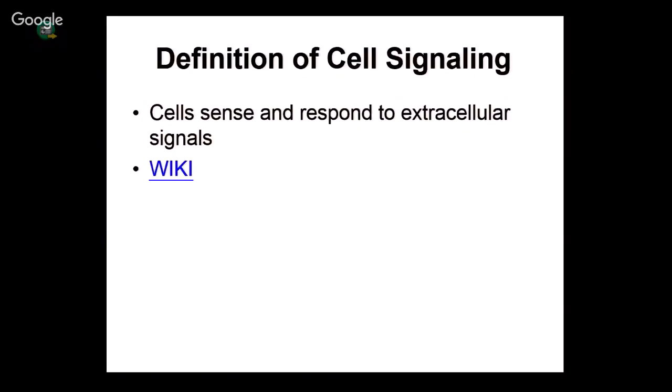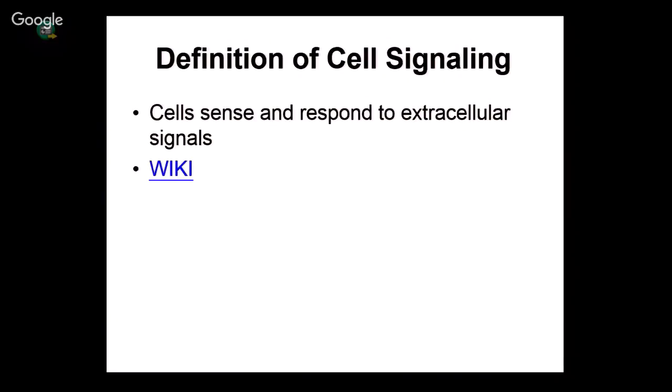A first messenger plays the role of triggering the response, and it is normally extracellular. It can be produced in the body, for example by glands, hormonal glands, that secrete hormones circulating in the blood vessels, and that is endocrine signaling. Cells themselves can also secrete signals as well, cytokines, right? And cytokines can trigger the cellular response.